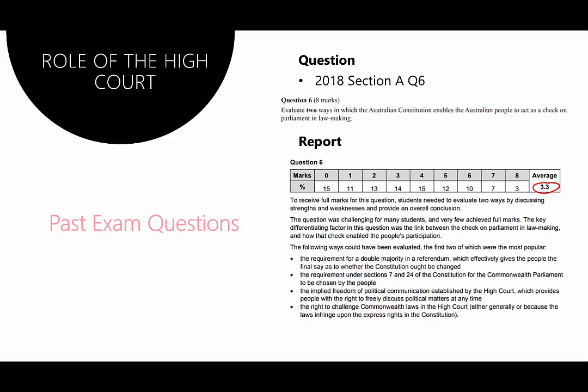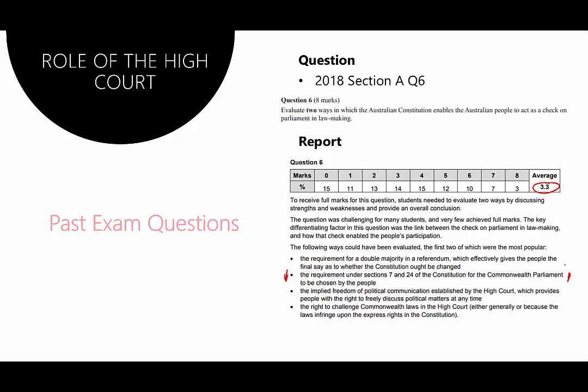We've got to make sure that any check we talk about is linked to the Australian people. So you can talk about how sections 7 and 24 mean Parliament and the bicameral structure has to be chosen by the people. Therefore, Parliament can only make laws that people agree with.